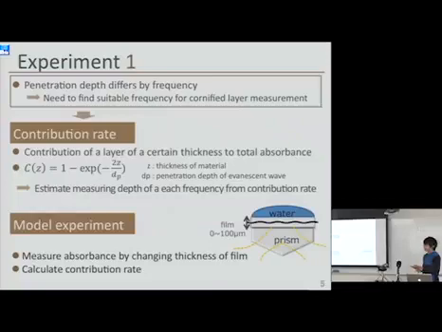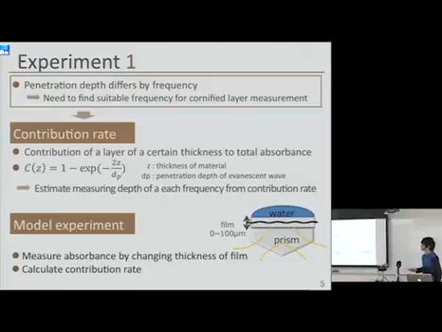In fact, the penetration depth of the evanescent wave differs by frequency, inversely proportionally. So if I want to measure only colonified layer information, I need to find a suitable frequency for colonified layer measurement. To achieve this, I introduce the contribution rate.